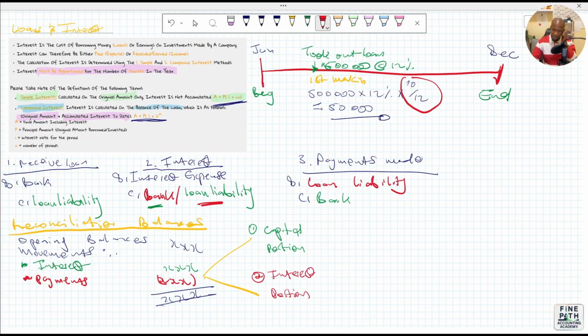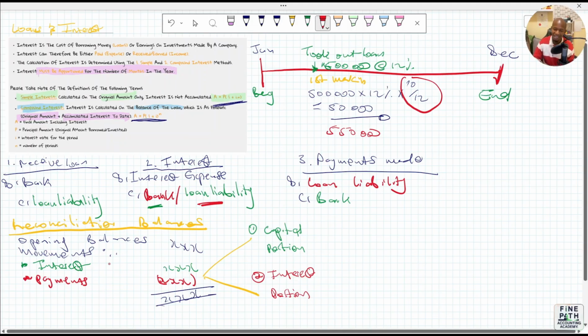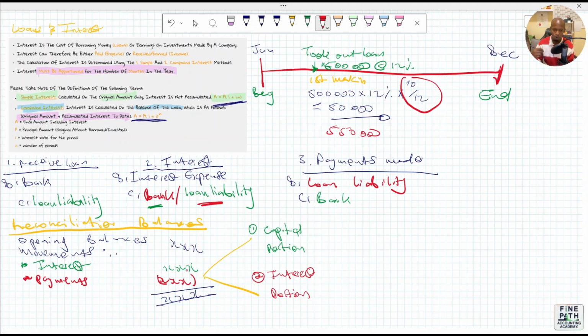So if we're looking at that example we did, our capital, we'd say 500,000 times 12 multiplied by 10 over 12 gives us 550,000. So we owe these guys 550,000. 500,000 of this belongs to the capital which we received, and then 50,000 is for the interest. So when payments are made, they will always tell you that this payment includes a capital payment and interest.